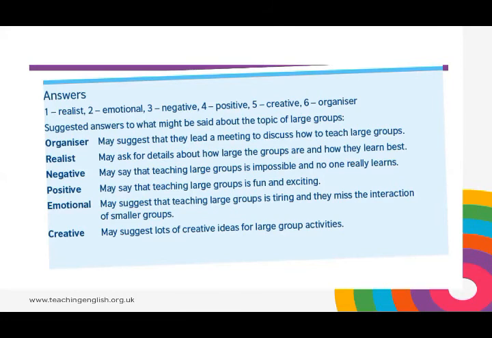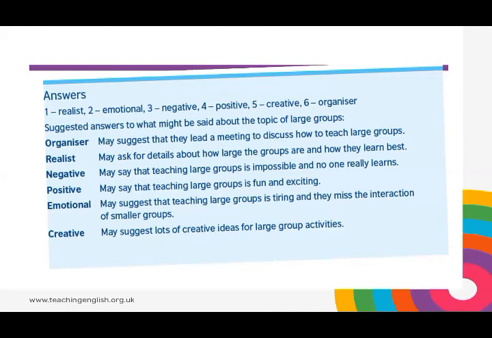If he is a realist, he may ask for details, a lot of information, about how large groups are and how they learn best. If someone is negative, they may say that teaching large groups is impossible and no one really learns. This is the negative side. Positive may say that teaching large groups is fun and exciting.